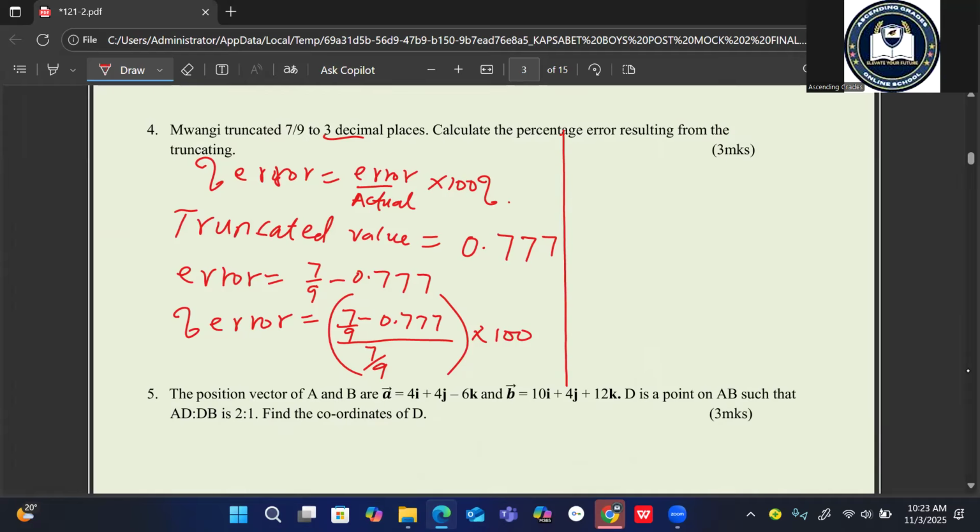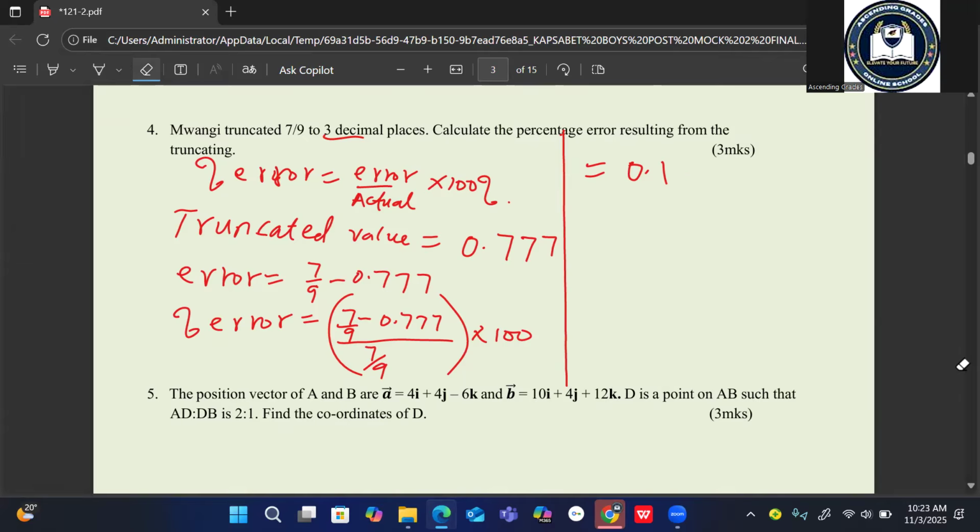We multiply by 100%. Upon doing that one, it gives you 0.1%. So that is it, as simple as that.